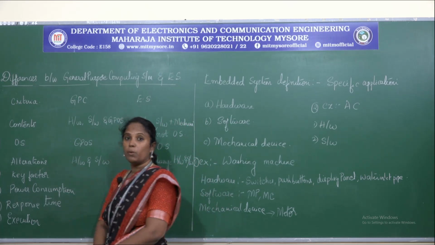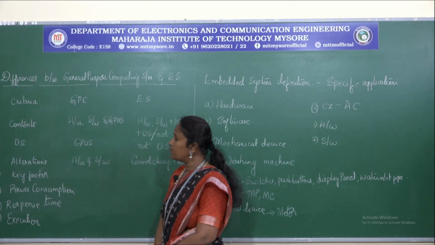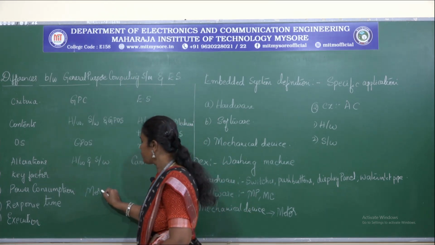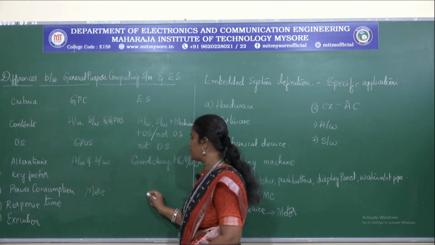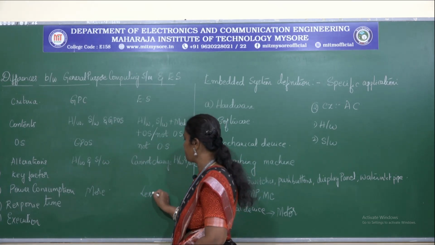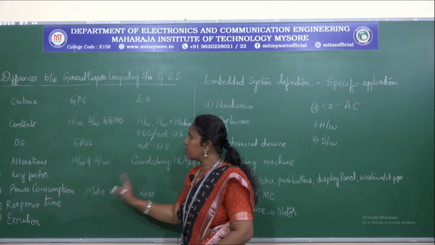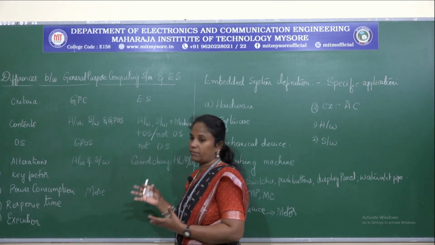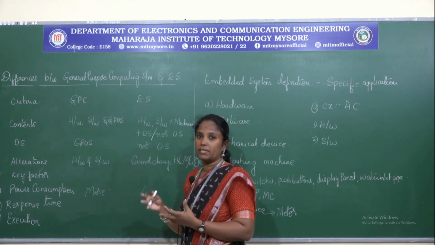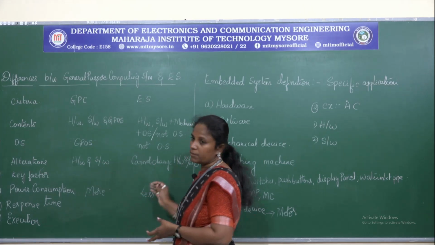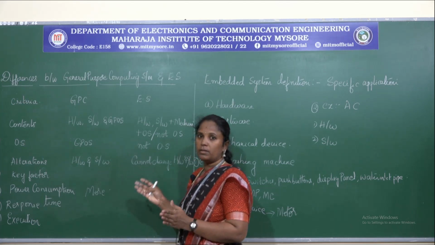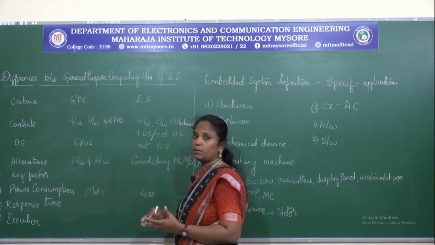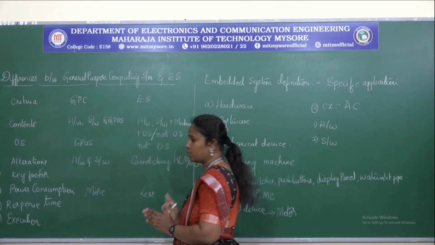Then we have power consumption. Power consumption in the case of general purpose computing is more than in the case of your embedded system. In the case of an embedded system it is less, because in a general purpose computing system you have to interface the devices externally, but in an embedded system all the components are already available within your processor.